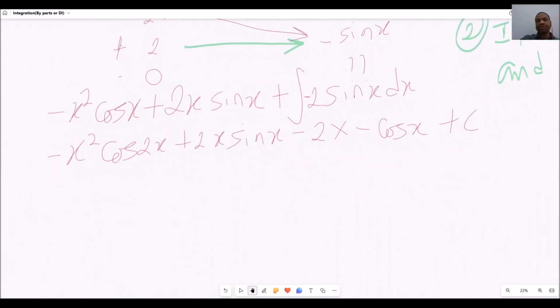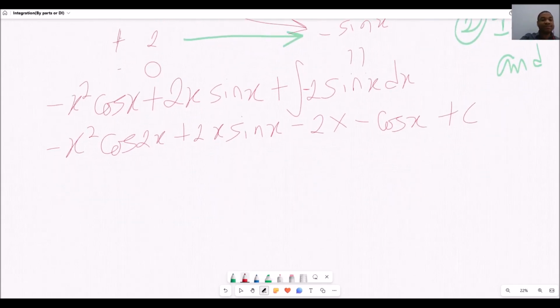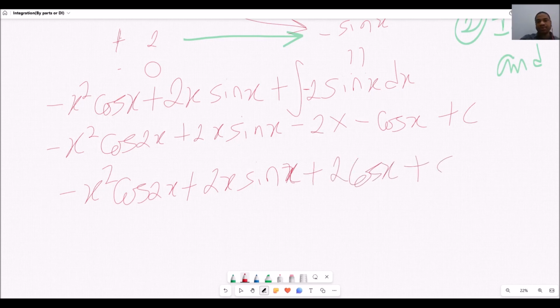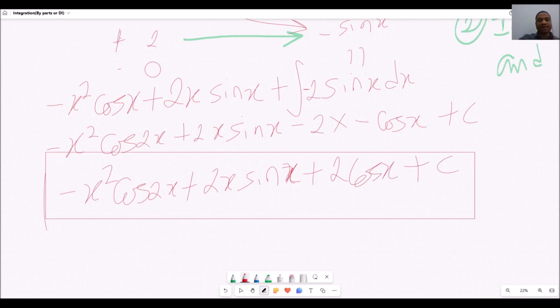If you differentiate cos x, you get minus sine. So the final answer will be minus x squared cos x plus 2x sine x plus 2 cos x plus c. So this is my final answer.